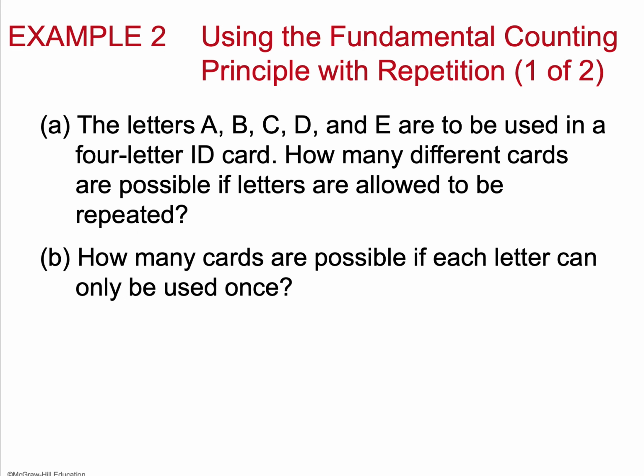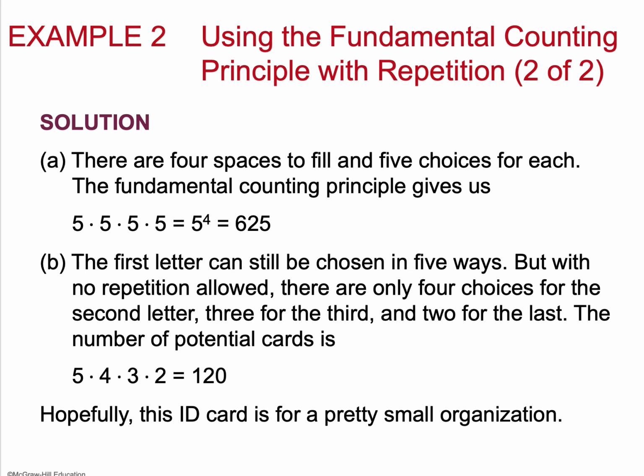Another example would be if I'm thinking about repeating things. Let's say I have 5 letters, and they're used in a 4-letter ID card. So think about it like an address or an ID number. How many different cards are possible if letters are allowed to be repeated? This is an interesting problem.